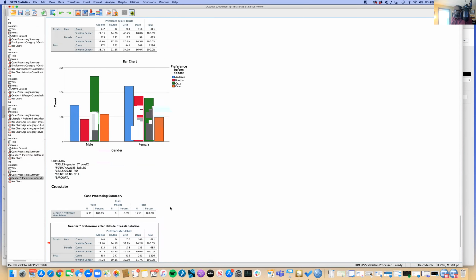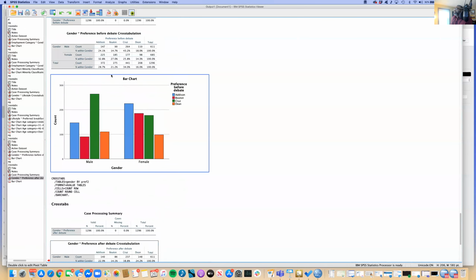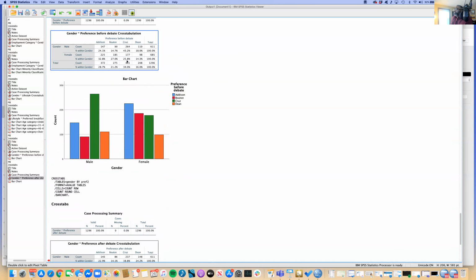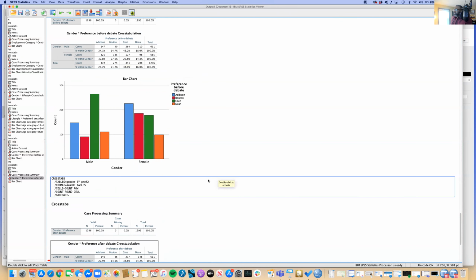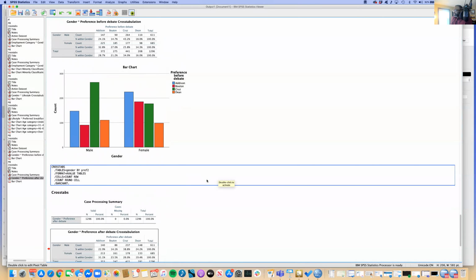So let's move on here to Cruz. Cruz after the debate was 178 with 26% of all women voters, right? And before the debate, it was 177 and 25.8.